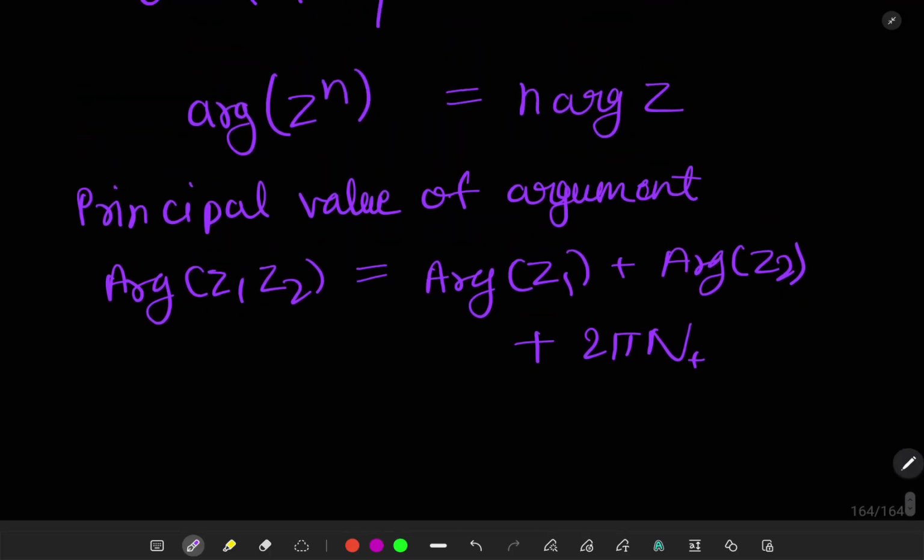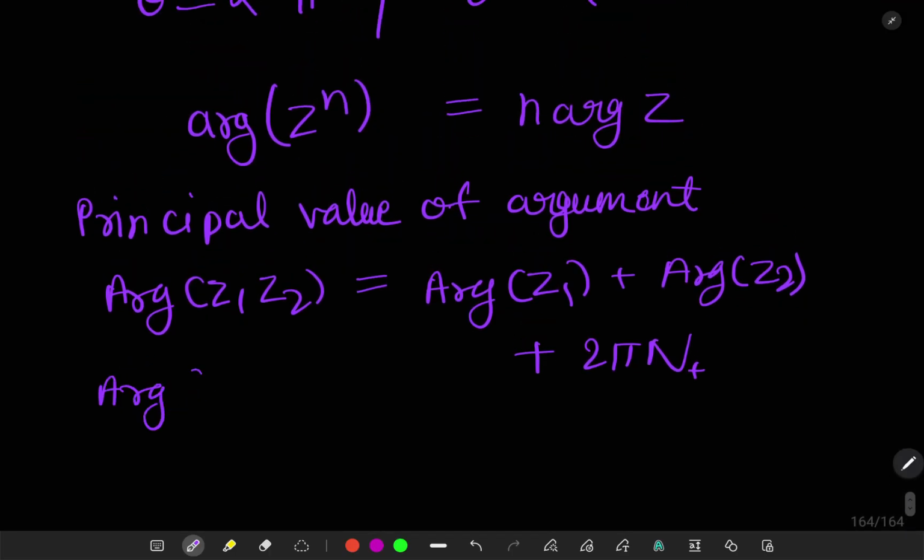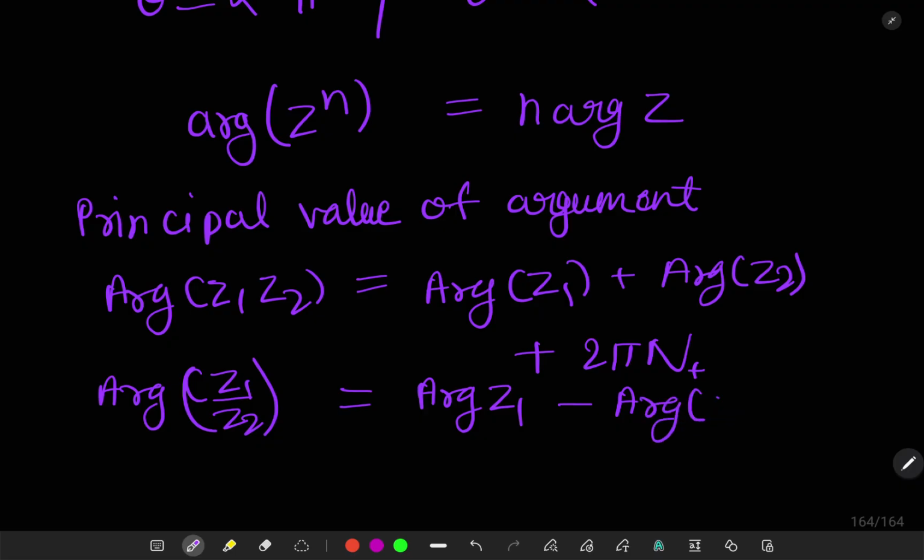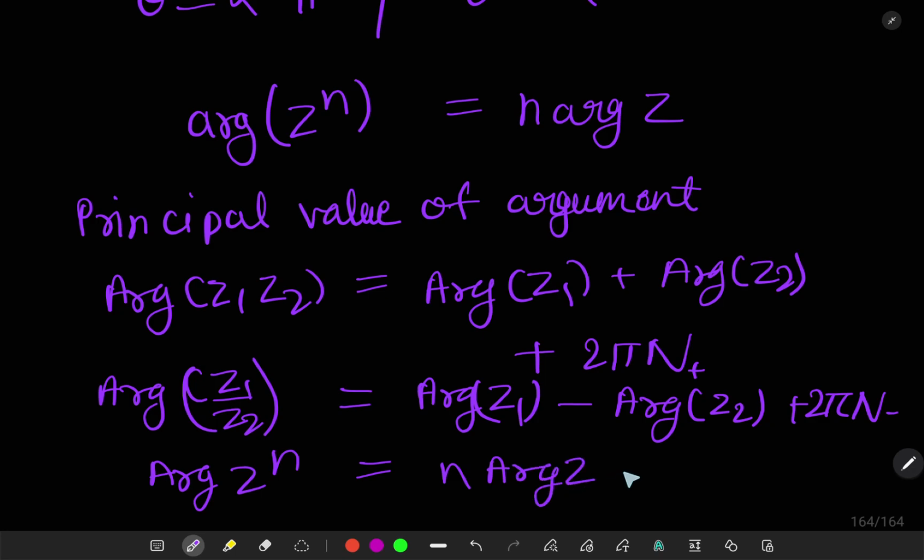Here argument of z1 divided by z2 is equal to argument z1 minus argument of z2 plus 2 pi n. Here argument of z raised to power n is equal to n argument z plus 2 pi n.